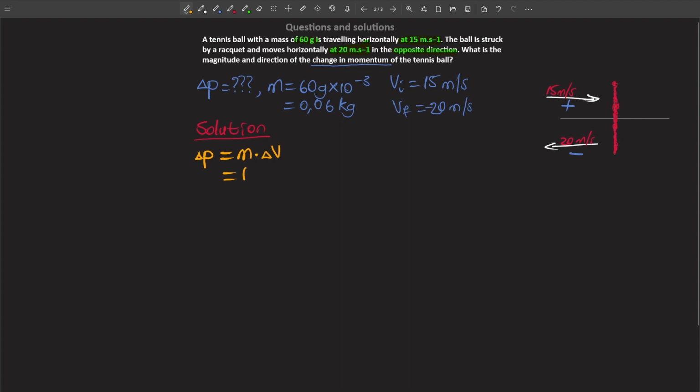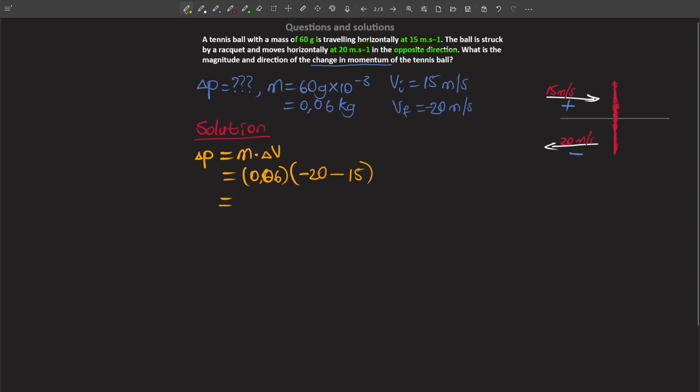What's our mass? 0.06 kilograms multiplied by, what's our final velocity? Minus 20 meters per second, subtracting 15 meters per second. Minus 20 meters per second, it took this sign from the direction.